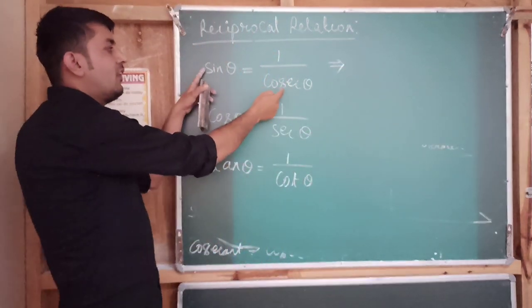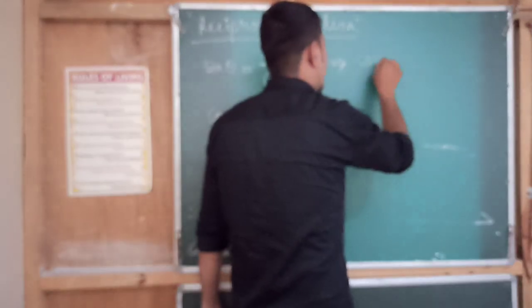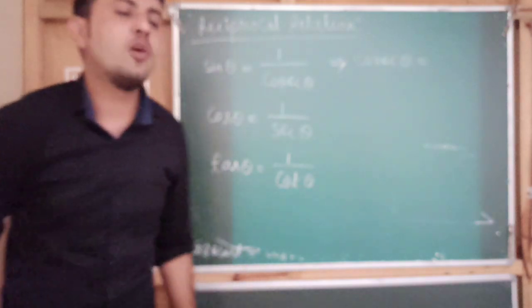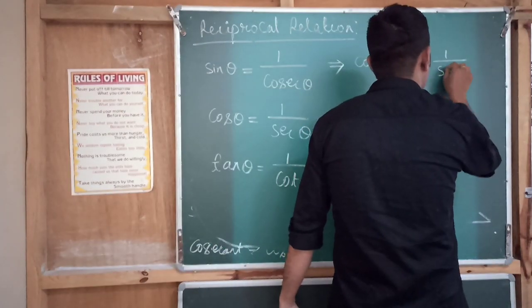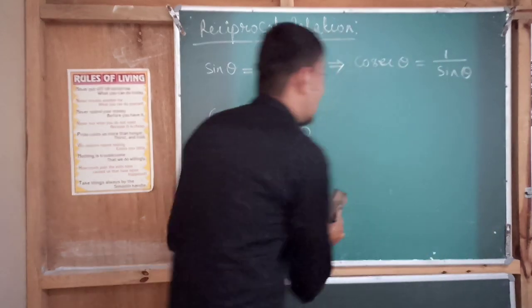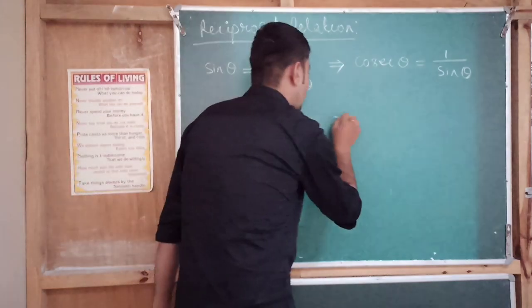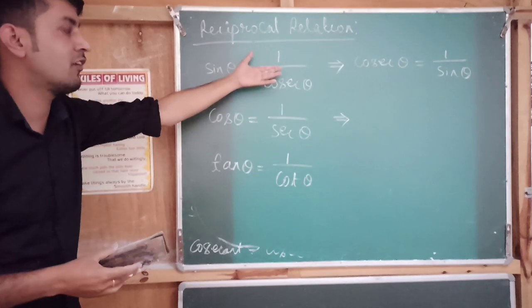So what you do is that this cosec you bring here, this sine you bring here. So you got your cosec theta. What will be your cosec theta? 1 by sine theta. Now similarly you do for this, exactly the same way you did for the first one.